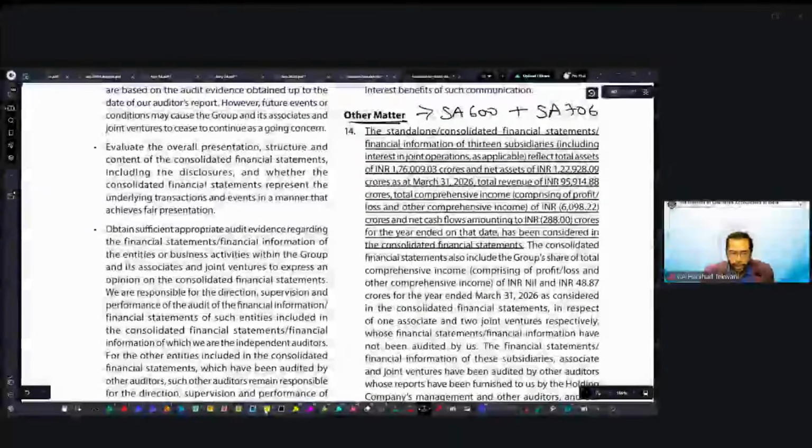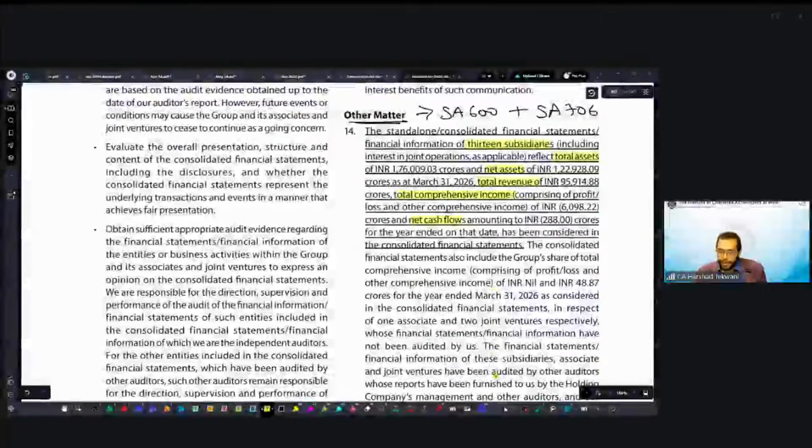So first of all, we are identifying 13 subsidiaries, and for that we have specified total assets, net assets, total revenue, total comprehensive income, net cash flow that has been included in the consolidated financial statement.